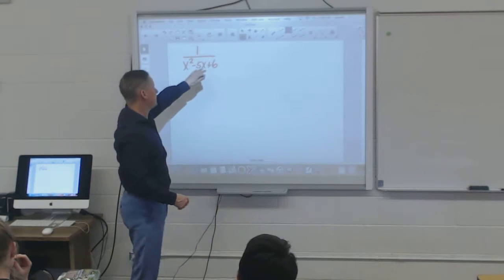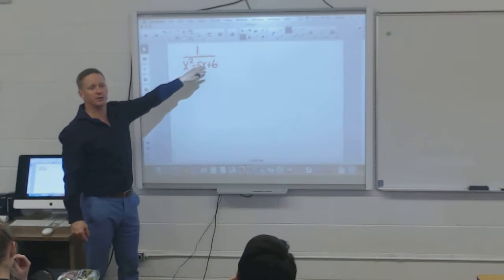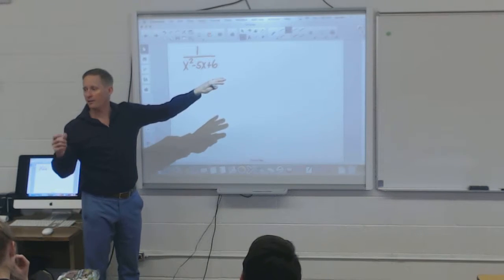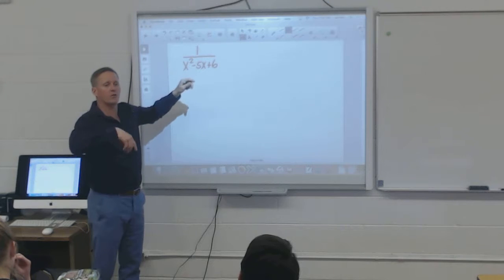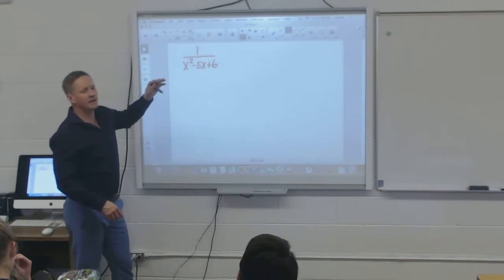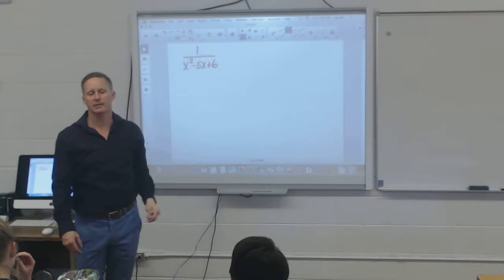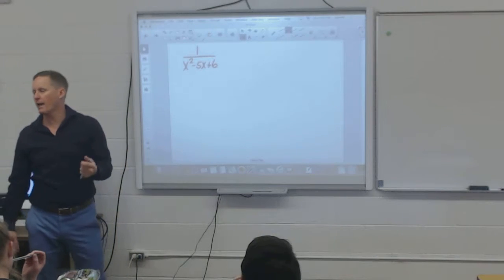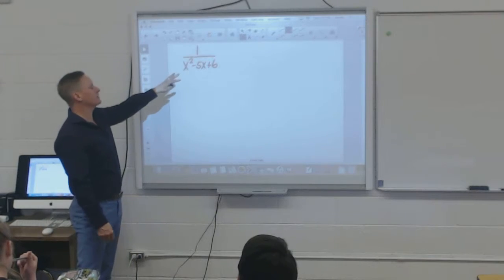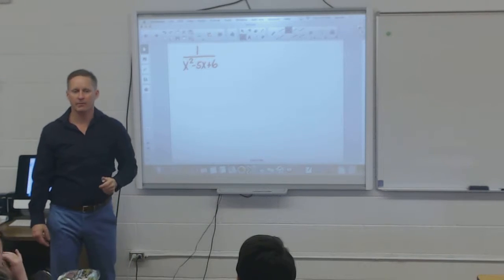For this one, in grade 12 you would graph this as a quadratic. You'd find your zeros, find your vertex, and then you'd take 1 over all your y values. There's a process to this. What we need to be able to do is, can we reduce this? Can we make it something more manageable for us to graph? Right now, I'm not asking you to graph this. All I'm saying is, what are my non-permissible values?